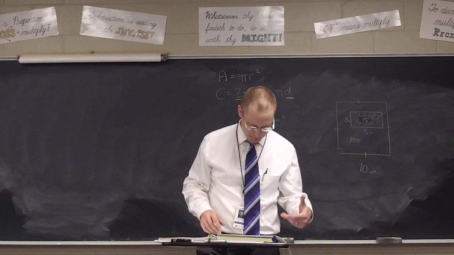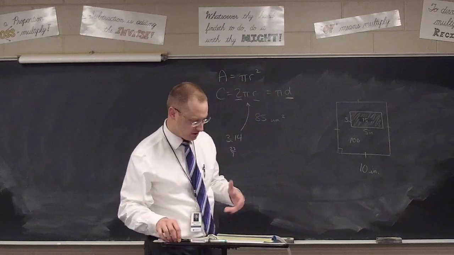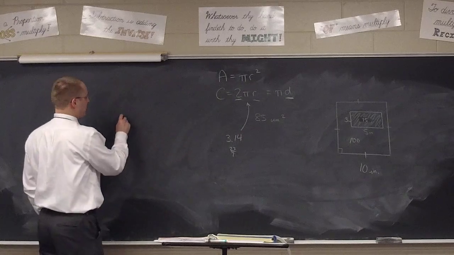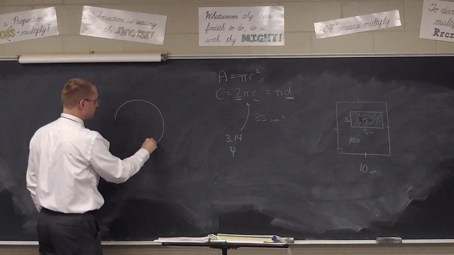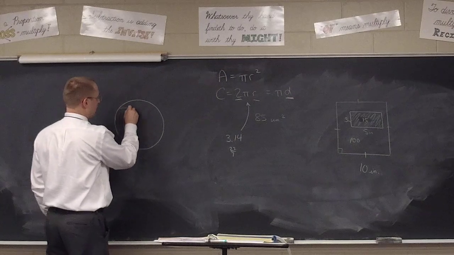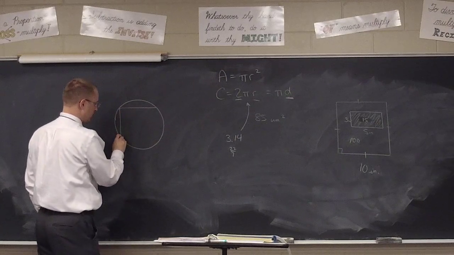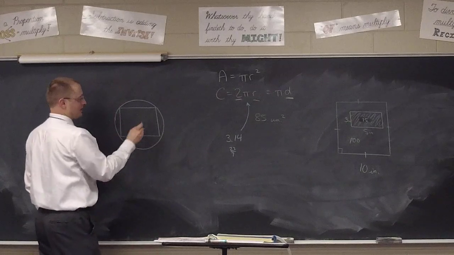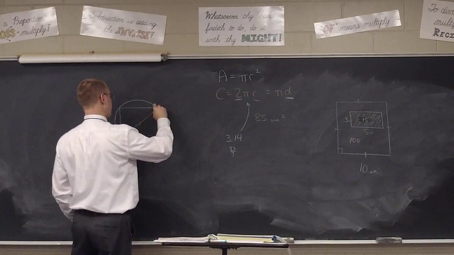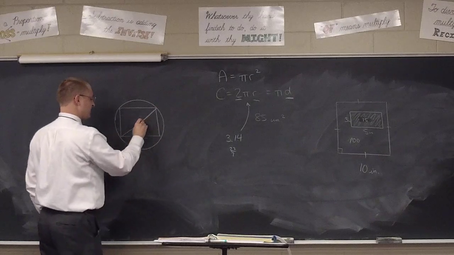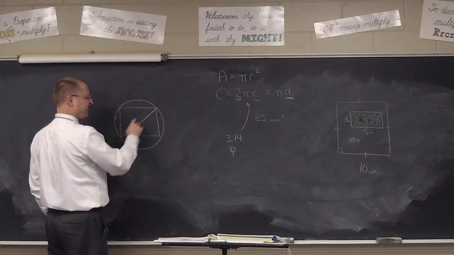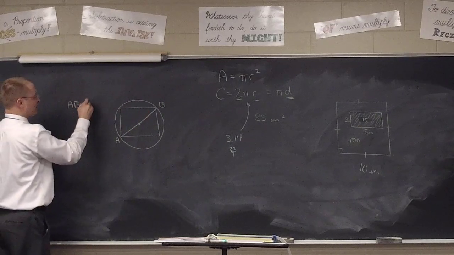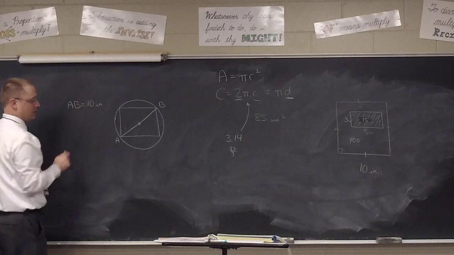So anyway, practice with finding area of circles and stuff like that. I feel like we're probably good with that. I guess the one thing might be this. If we had, for instance, a circle, and if I had a rectangle inside it, and let's suppose I knew that this diameter here, let's call this line AB for sake of reference, AB was, let's just say, 10 inches.